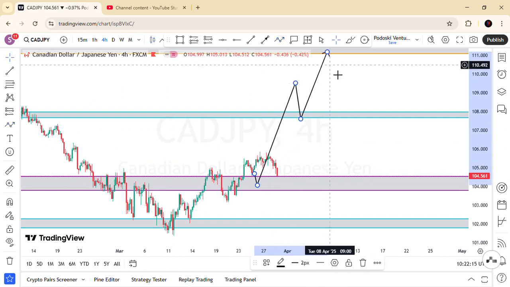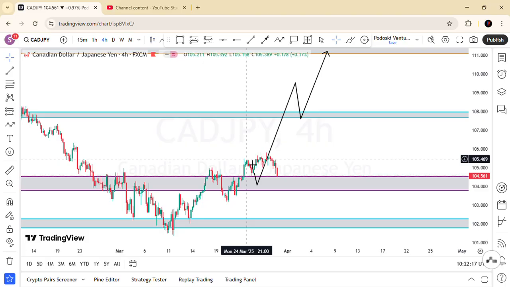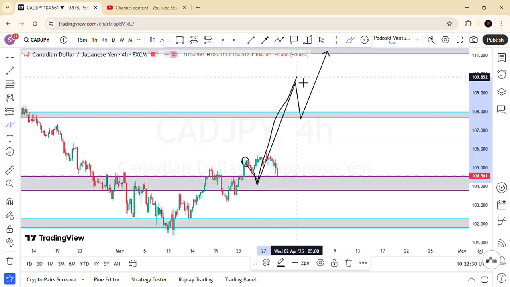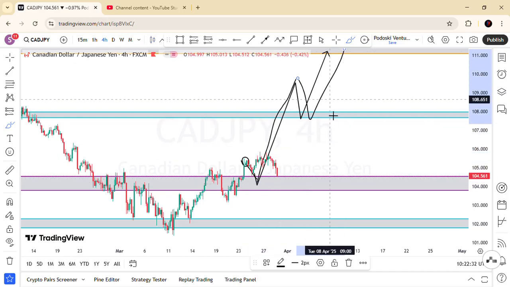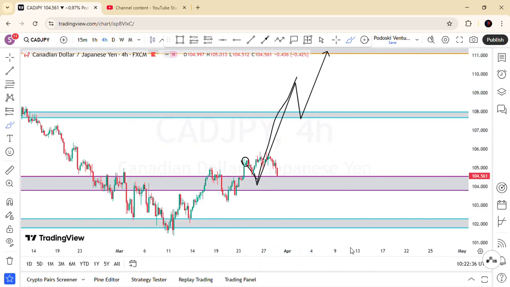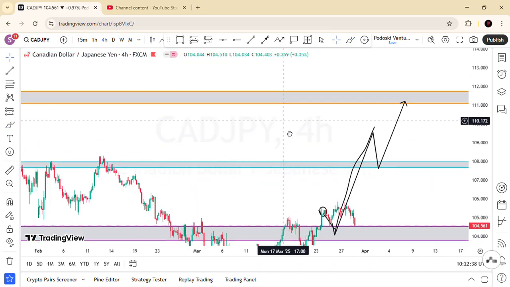This was the setup I gave when price was around here. Price was bullish, and I was saying you just wait for price to drop into the zone, then we buy. But after price dropped into the zone, it didn't really give me what I was expecting.